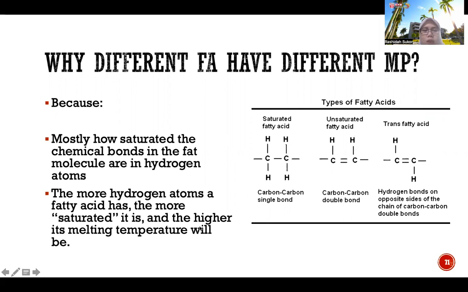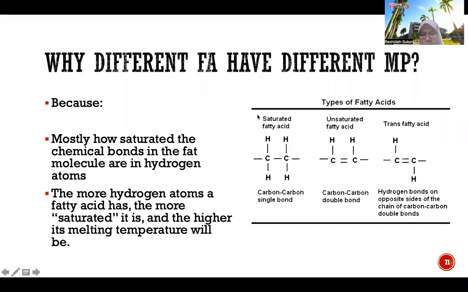So why different fatty acid have different melting point? Okay, because of mostly how saturated the chemical bonds in the fat molecule are with hydrogen atom. Okay, so because remember when we have carbon, the number of bonding in carbon is always 4, and it will either bind with a double bond to another C, and the rest will be either methyl or H lah. Normally the structure of molecule is like that.